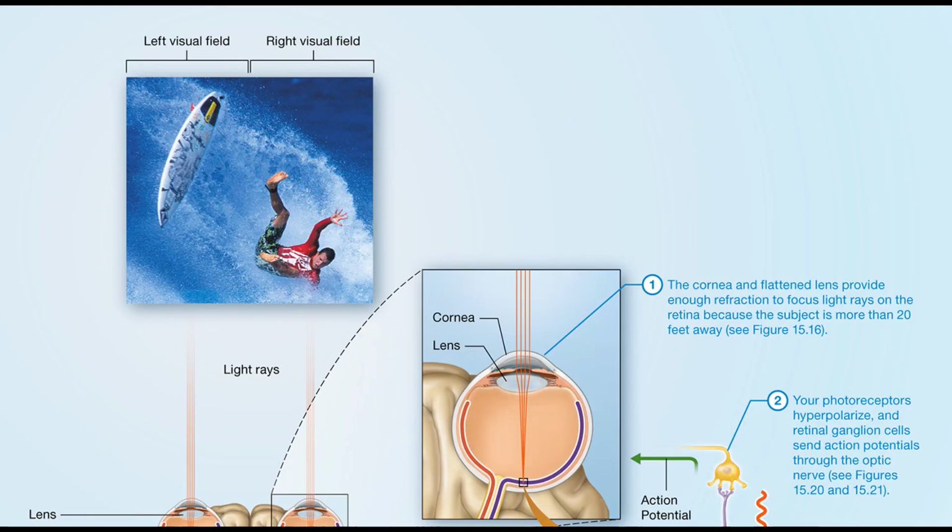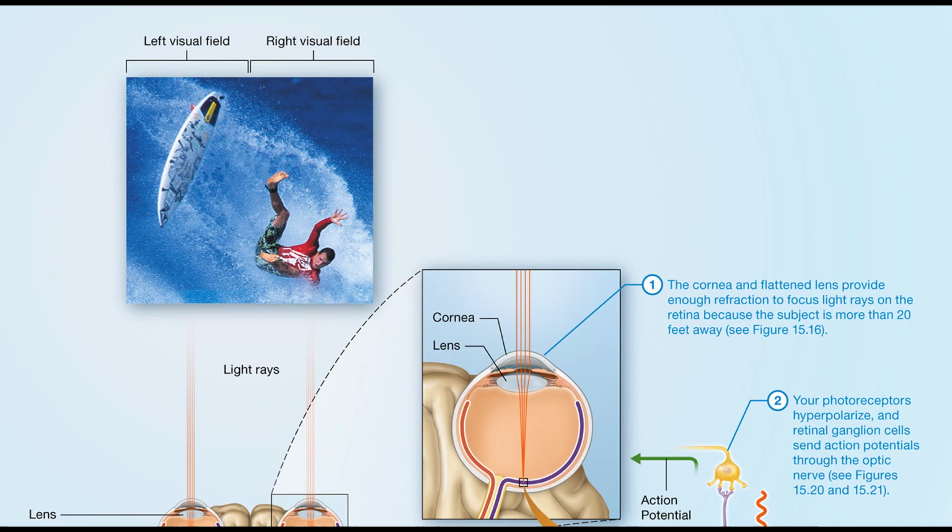So let's put it all together. Imagine you're sitting on the beach, you're watching a friend surf the waves, and then, oh my God, they tumble off their surfboard. How are you seeing this step by step? Okay, the first thing that happens is light that gets reflected off of your friend and his surfboard gets transmitted back into your eyes, right?